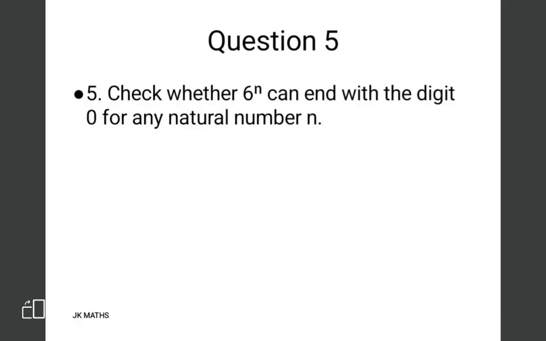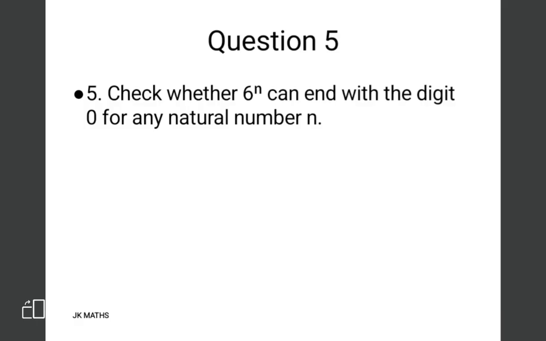For example, 10 square is 100, it ends with 0. We have to check the same thing for this one. So, 6 power n, can it end with 0 or not? That is the question.